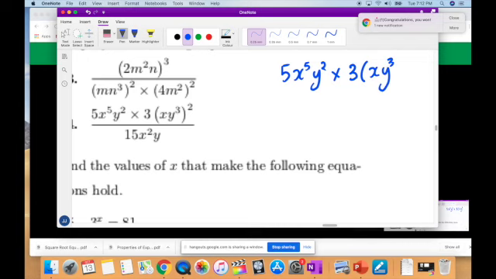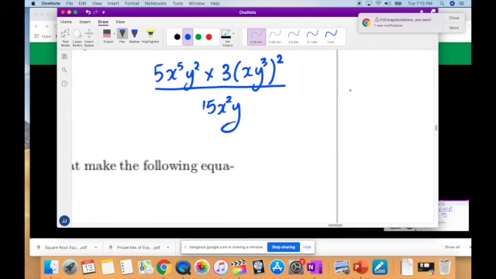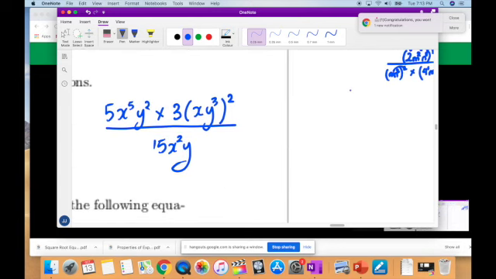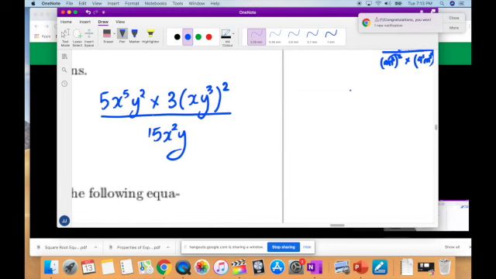The y is cubed there, not the x. But all of them are squared though. Right? And that is divided by 15x squared y. Scotia, I saw some good stuff from you for this one.